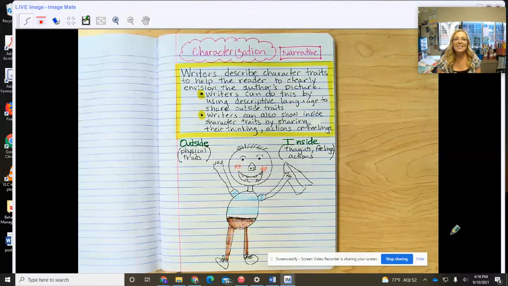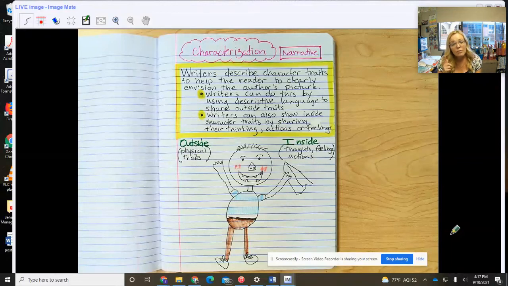We also want to detail what the character's actions are. Why? Because a character's actions, their thinking, their feelings help us to better understand the character. So we talked about how David regularly annoys other students, right?